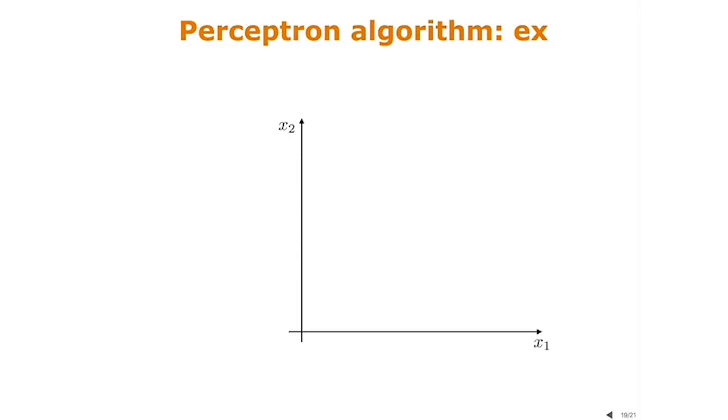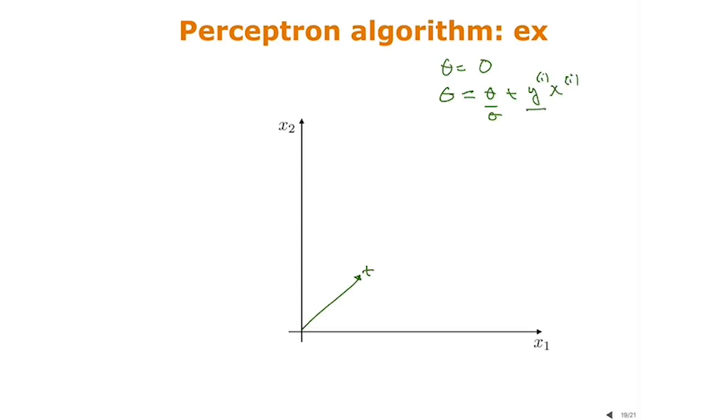Let's now look at a geometric example of how this algorithm works. We start with a parameter vector that's all 0. We're given one example here. Let's say it's a positively labeled point. The perceptron algorithm sees that as a mistake. The first example is always a mistake. So the updated parameters are the old ones, which is just 0, plus the label for this example times the example itself.